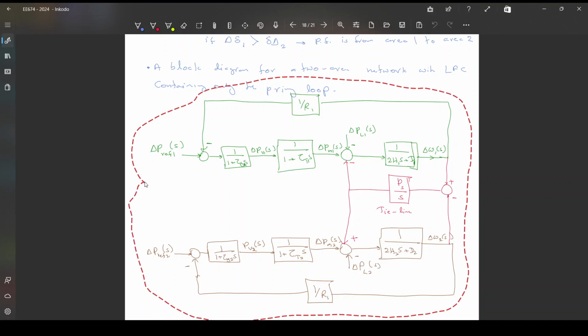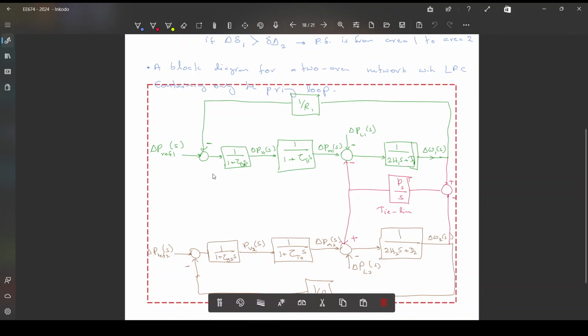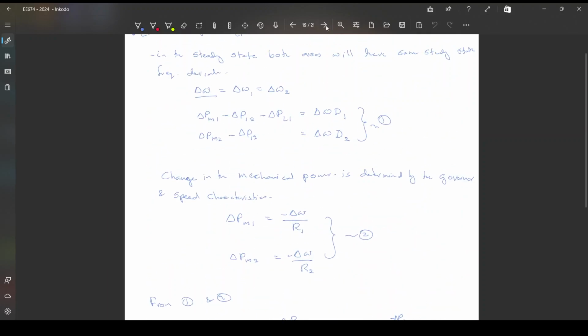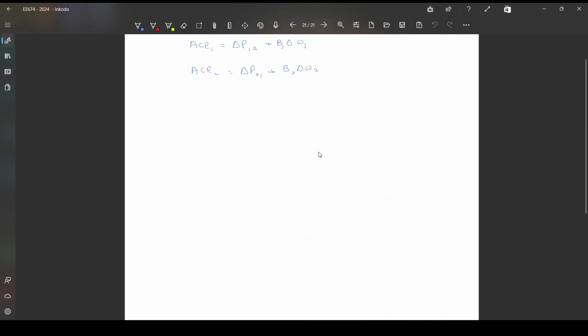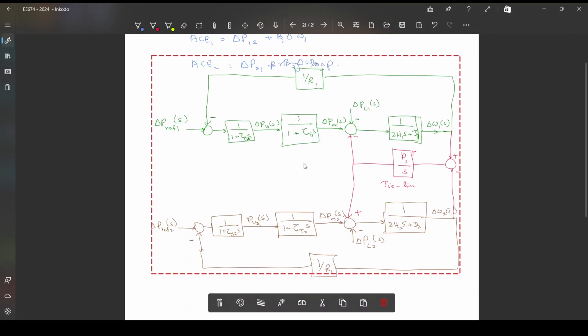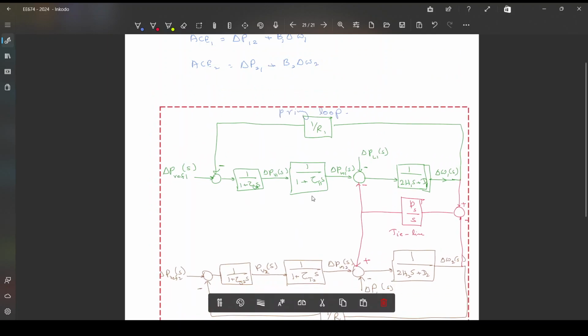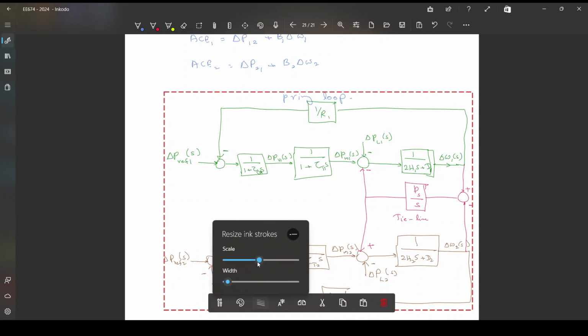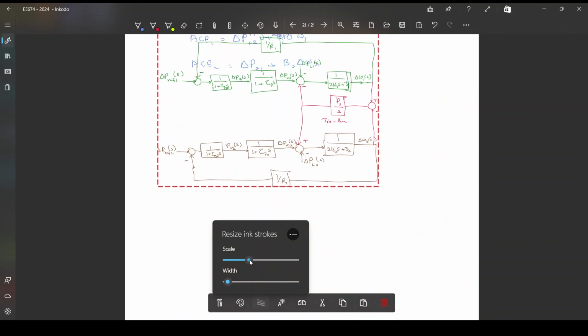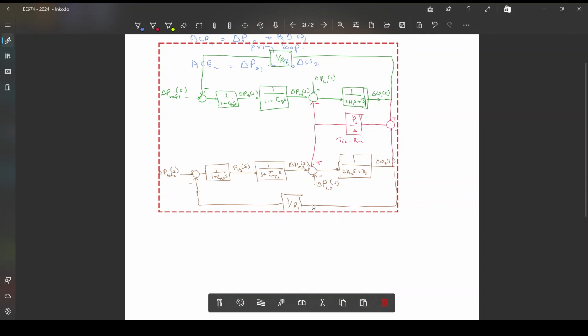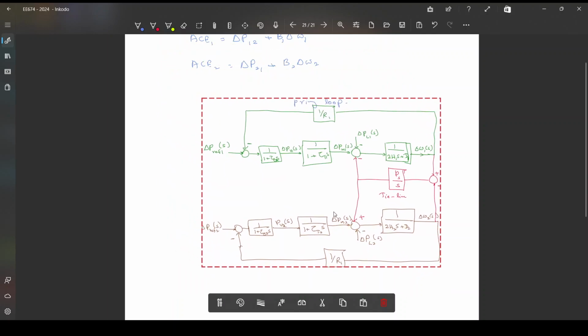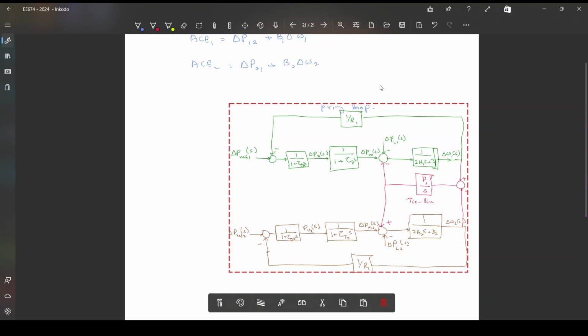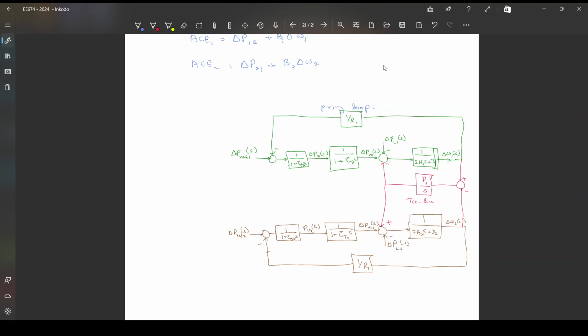I might have to reduce the size, copy and paste it here. Hope you can see that. All right, okay, let's start from there.